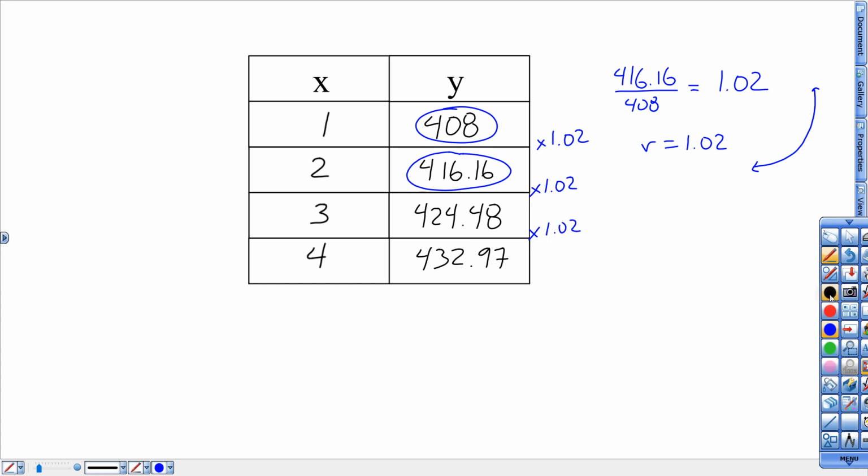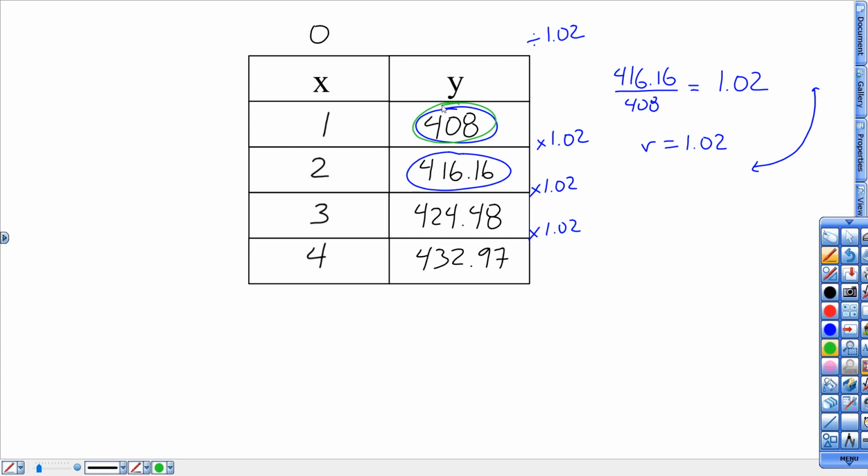To get the 0 term, of course, I'm doing the opposite of timesing by 1.02. I'm really dividing by 1.02. What am I dividing? I'm dividing this 408. Dividing 408 by 1.02 should give me 400.